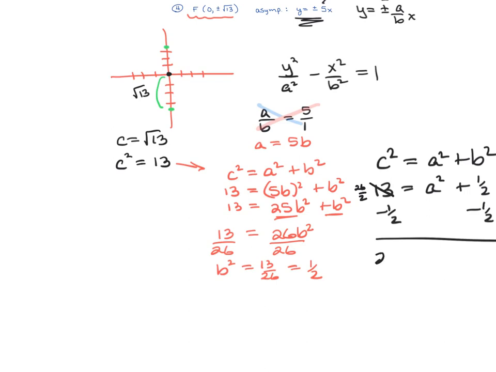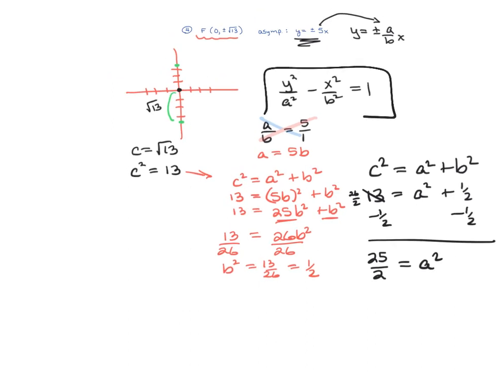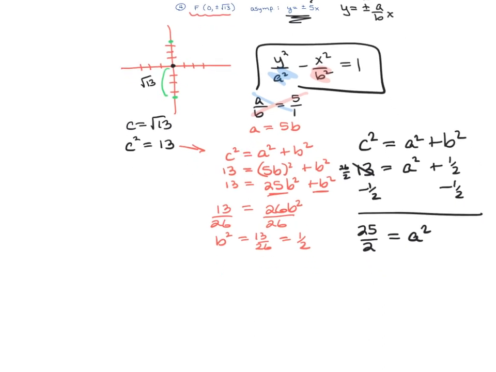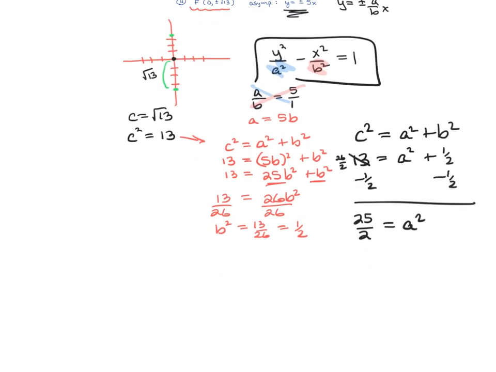So this ends up being 25 over 2 equals a squared. So now I need to plug it in to this formula. I'm replacing the b squared, and I'm replacing the a squared. So final answer is going to be y squared over 25 over 2 minus x squared over 1/2 equals 1.